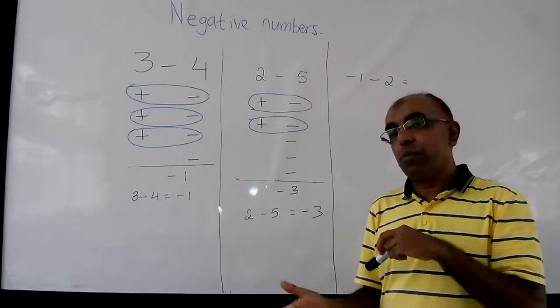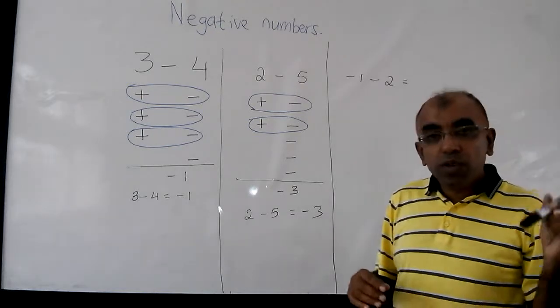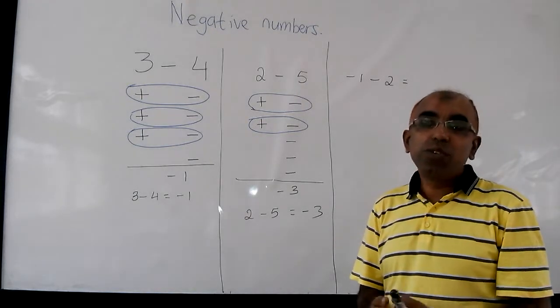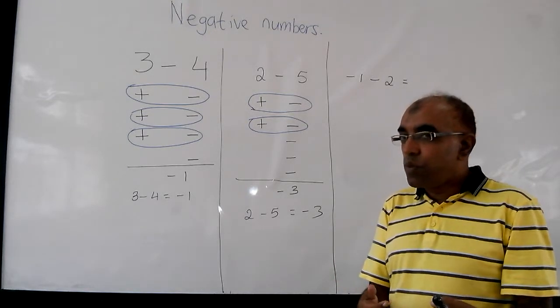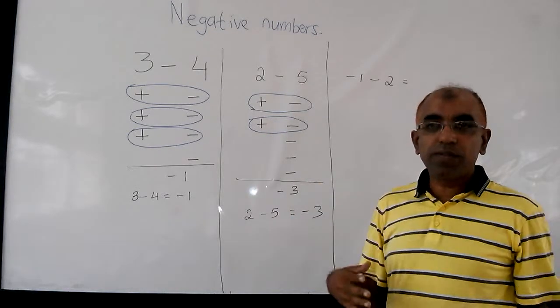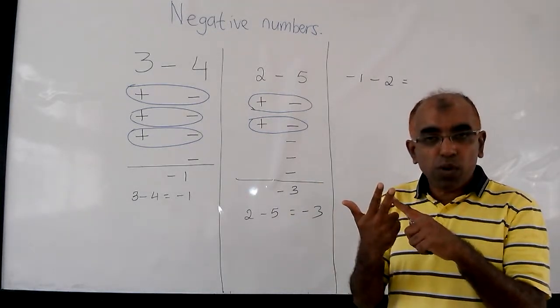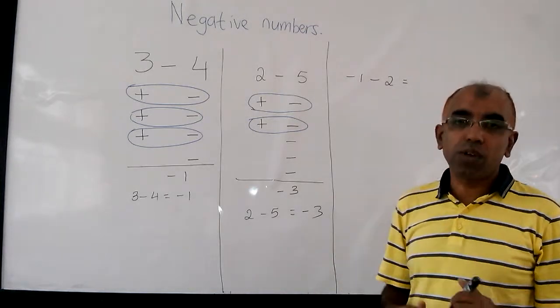So you owe him $1. And then you borrow $2 from the same friend. So you owe him $2 now, but if you do the total, you borrowed 1 and now you are borrowing 2 more. So you owe your friend $3.